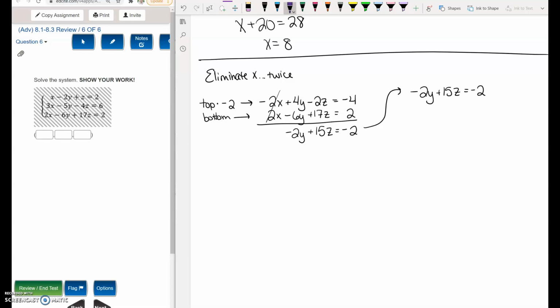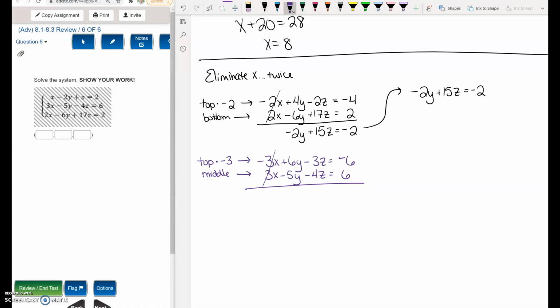Then I'm going to take the original top equation times -3. That will give me -3x plus 6y minus 3z equals -6. And the original middle equation, which is positive 3x, those will eliminate, minus 5y minus 4z equals 6.